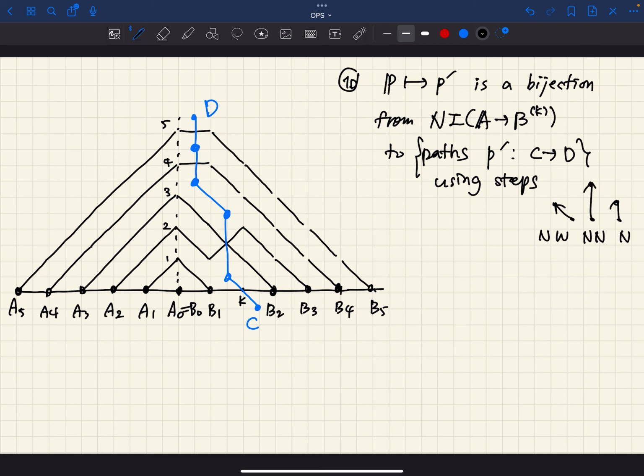You see, it can go either northwest, double north, northwest, north.